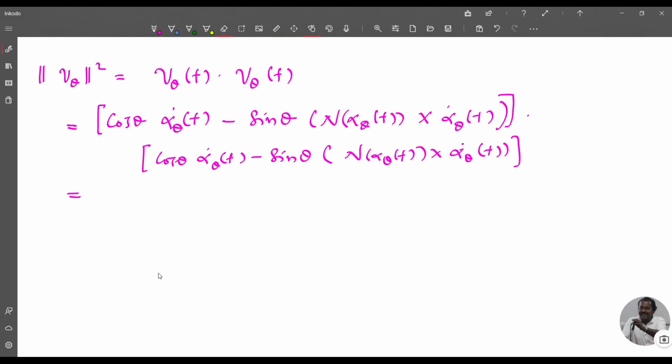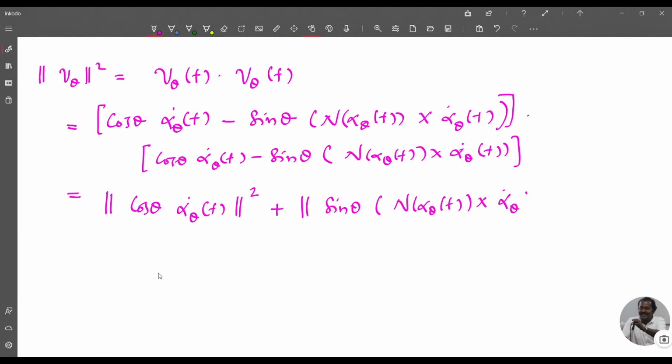So on taking the dot product, you will get norm of cos theta alpha theta dot of t whole square plus norm of sin theta into n of alpha theta of t cross alpha theta dot of t square, plus alpha theta dot into this term, that will be 0, and this alpha theta dot of t into this term, that is 0, plus 0.